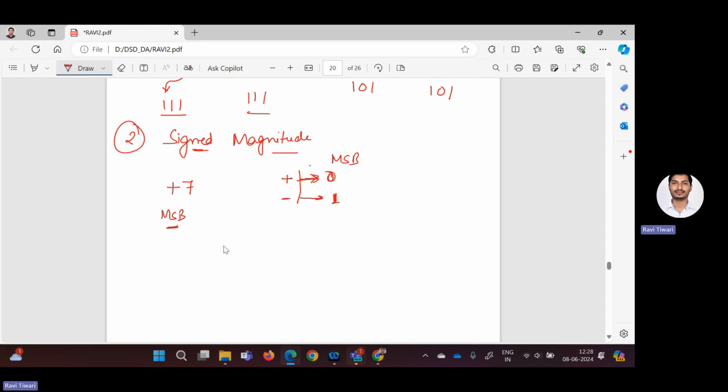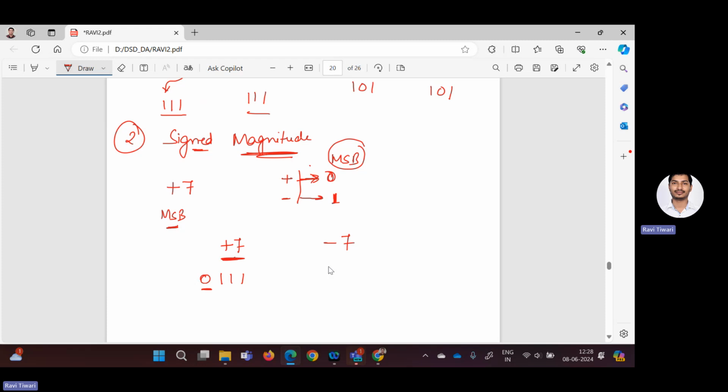Here, for example, you want to represent plus 7. As I told you, the MSB bit will tell whether the number is positive or negative. As the number is positive 7, the MSB bit will be 0, and the rest will be its magnitude. The magnitude of 7 is 111. Now we want to represent minus 7.